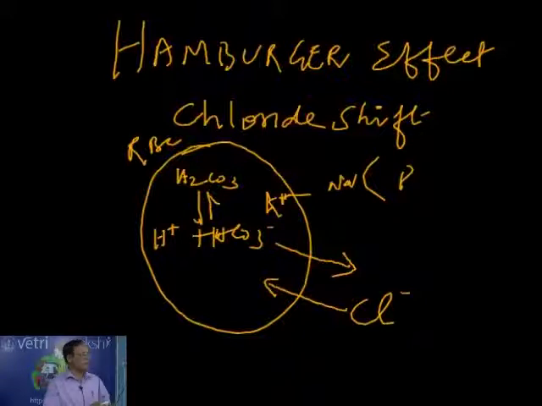So the chloride concentration increases inside the RBC when the blood becomes deoxygenated. In other words, the chloride content of the RBC is higher in deoxygenated blood compared to oxygenated blood. All these things are related to the transport of carbon dioxide, and that phenomenon is called the Hamburger effect or chloride shift.